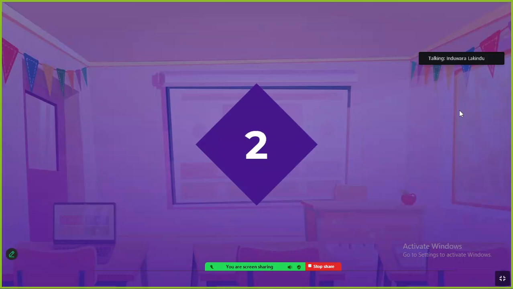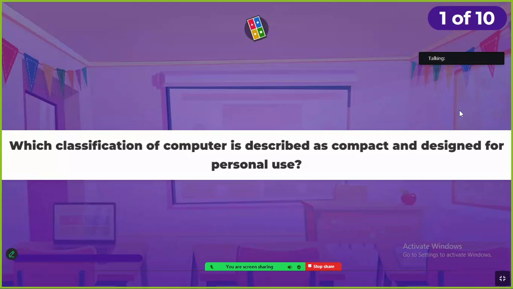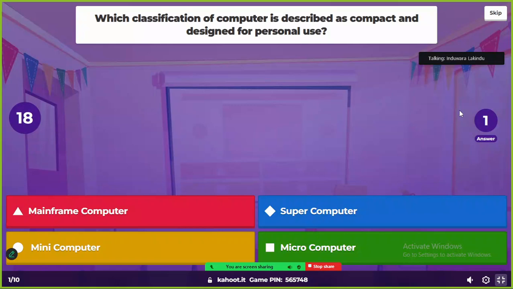Okay, again 3, 2, 1. Sorry. Which classification of computer is described as compact and for personal use? I'll give you the answer quickly.